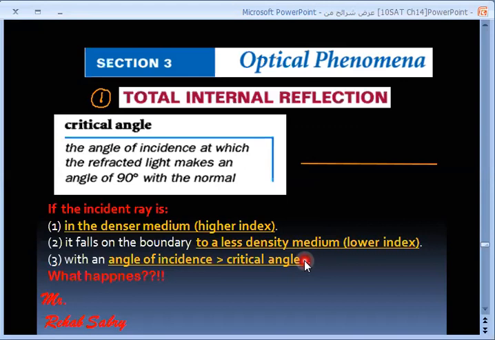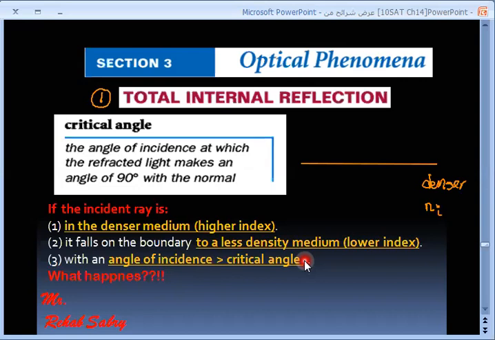The first medium is here, it's denser. So here we have denser medium, and when I say denser medium, I mean higher refractive index. So this is the first medium, so it will be the NI. NI, you can say it's initial, but in fact it's incident, okay?